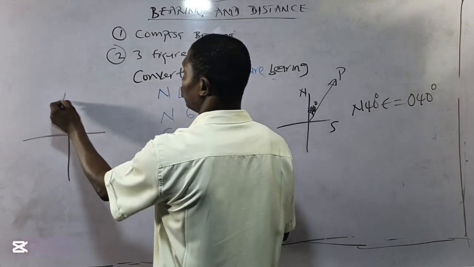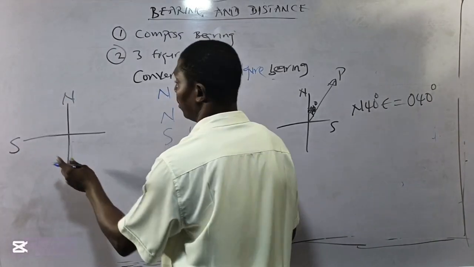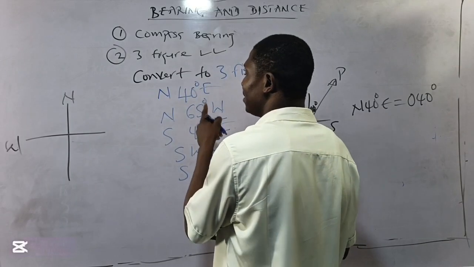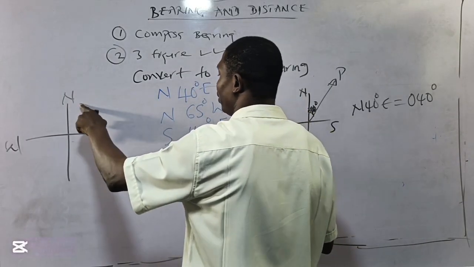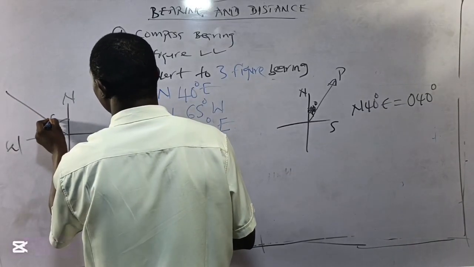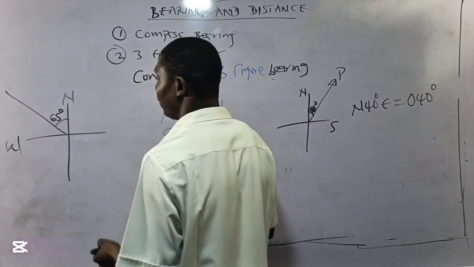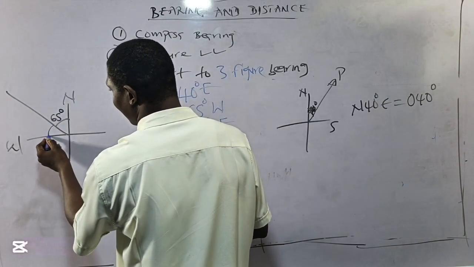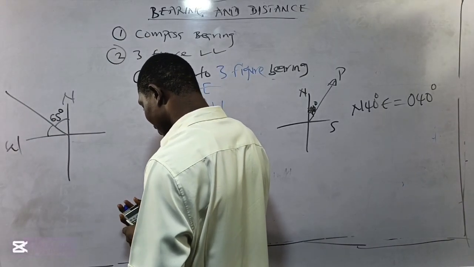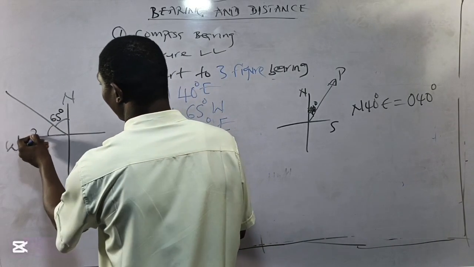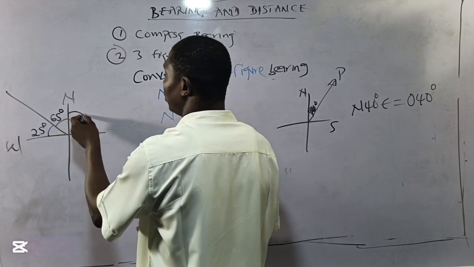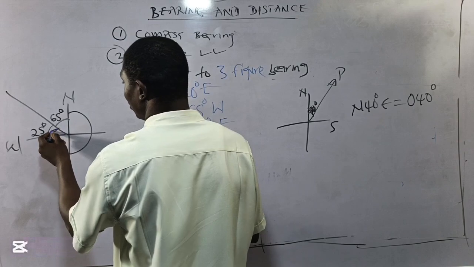And we have north 65 degrees west. Now we're talking about northwest. This is my north, this is my west. Now we have 65 degrees, which is inclined with the northern direction. If this is 65, what will be left here will be 90 minus 65, which gives you 25 degrees. Now you move from the north till it touches this position.